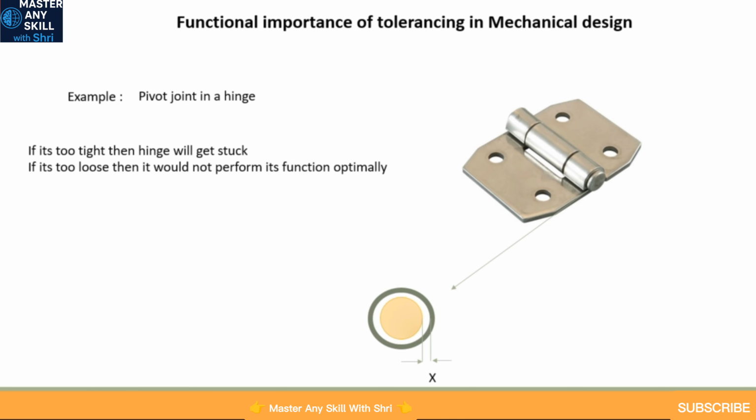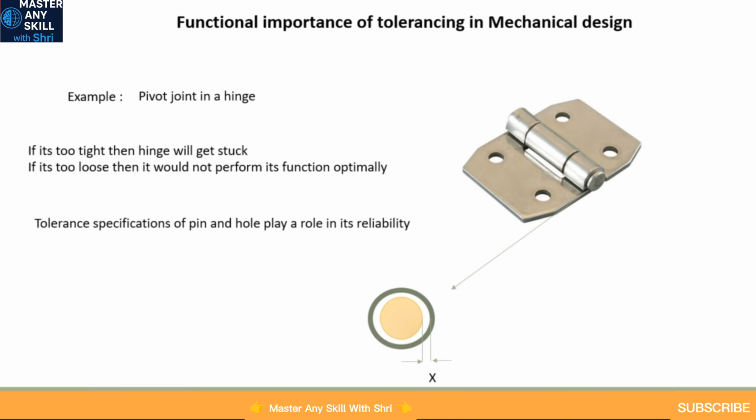On the other hand, if the gap is high, if X is high, then it will be too loose and there can be rattling, or there can be disorientation of the whole hinge joint. So again the function will be compromised. So X has to be maintained at a specific value, and hence the tolerancing between the pin and the hole is very important for a hinge joint.